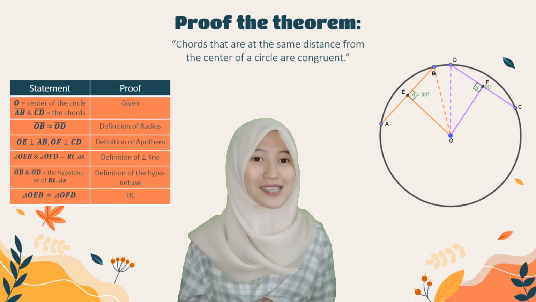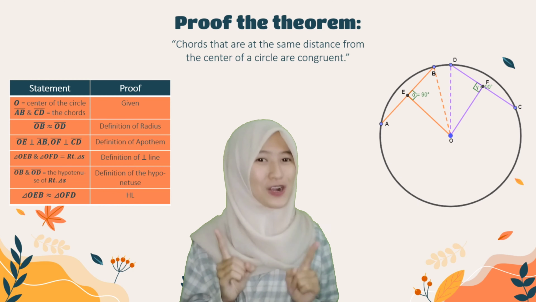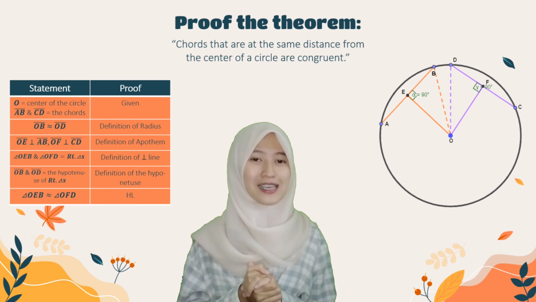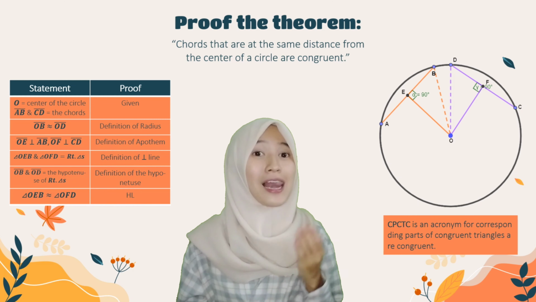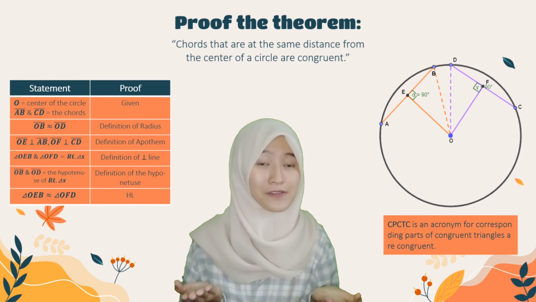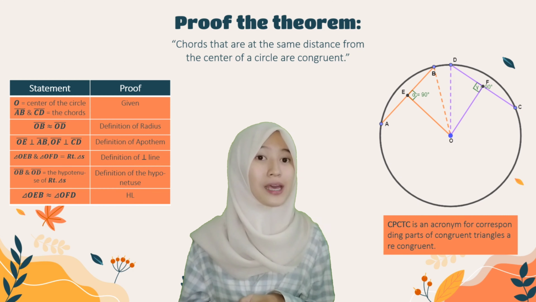We already know that triangle OEB and triangle OFD are congruent, right? By using CPCTC, we can conclude that line EB and line FD are congruent. So EB is equal to FD.